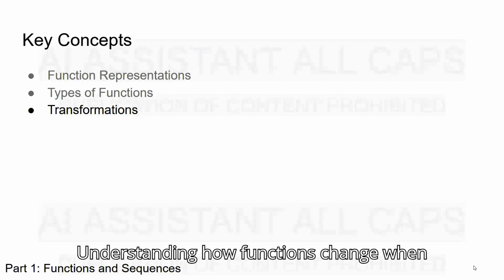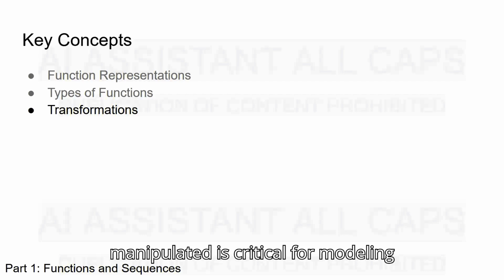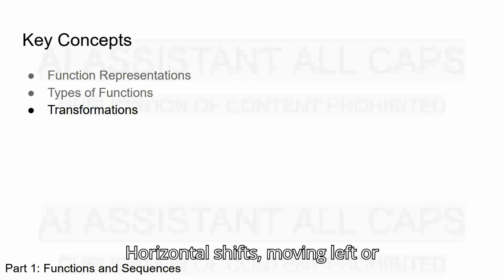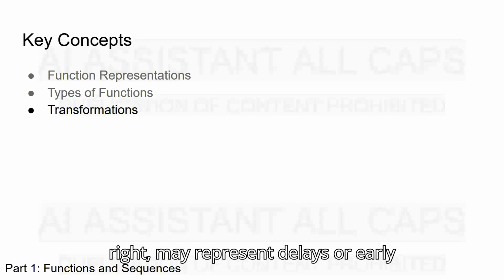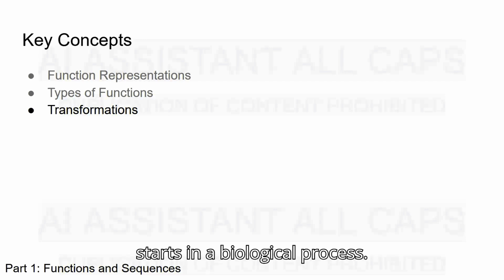Transformations. Understanding how functions change when manipulated is critical for modeling real-world processes. These manipulations are called transformations. Horizontal shifts, moving left or right, may represent delays or early starts in a biological process.